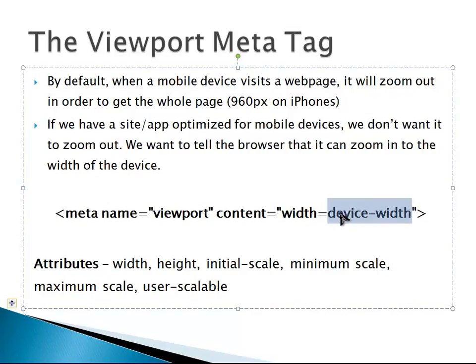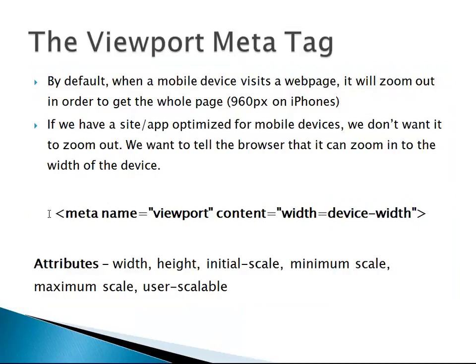So whatever the iPhone width, or if you have an Android phone, it'll be set to that width. So it's pretty important in mobile development. These are some of the attributes that this tag has: width, height, initial scale, minimum scale, maximum scale, and user scalable. So pretty much, is the user able to zoom in and zoom out with their finger.